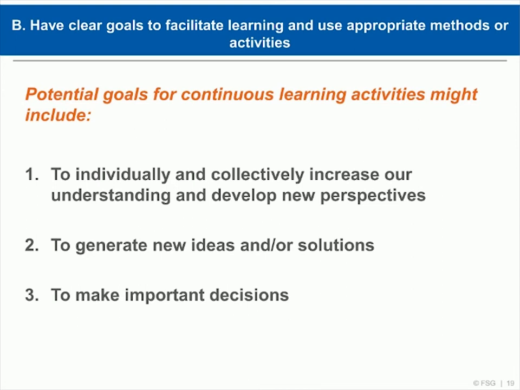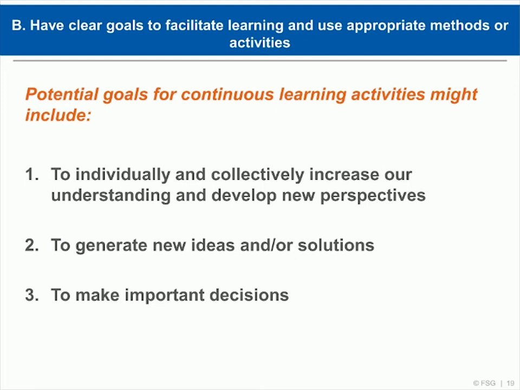The first one, and these are not mutually exclusive, so in the same activity you can be having the three of them, or maybe you're focusing on only one. But the first one is to individually and collectively increase our understanding and develop new perspectives. So this one is about more discovery and increasing understanding of a specific topic. The second one is starting to generate ideas or solutions, moving a little farther into thinking about the so what.